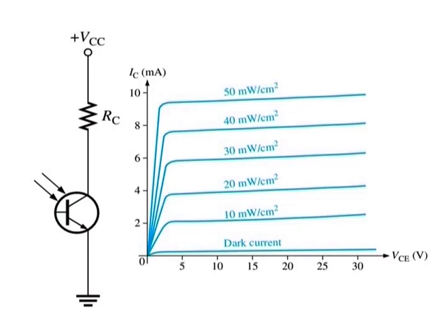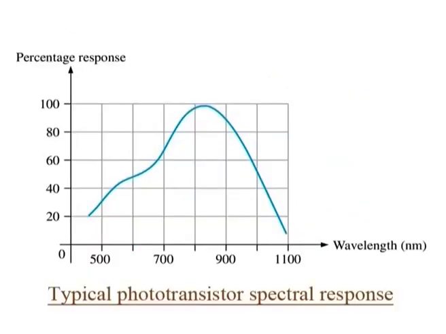Phototransistors are not sensitive to all light, but only to light within a certain range of wavelengths. They are most sensitive to particular wavelengths in the red and infrared part of the spectrum, as shown by the peak of the infrared spectral response curve in the figure.